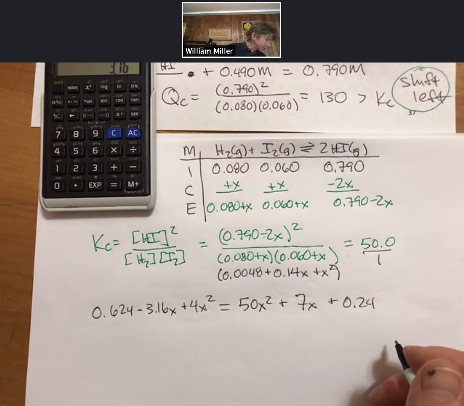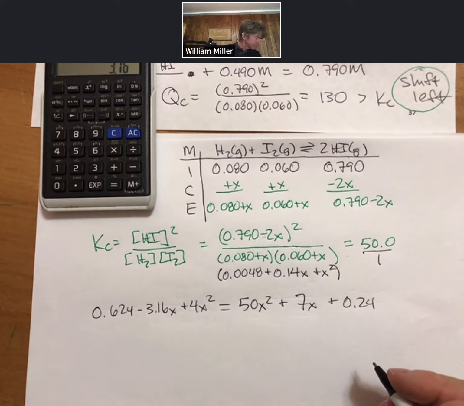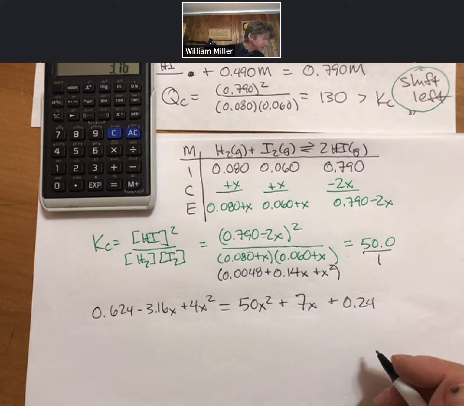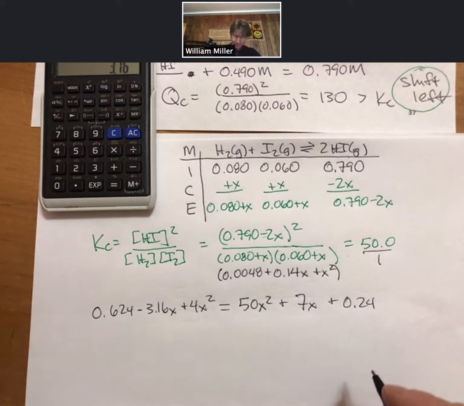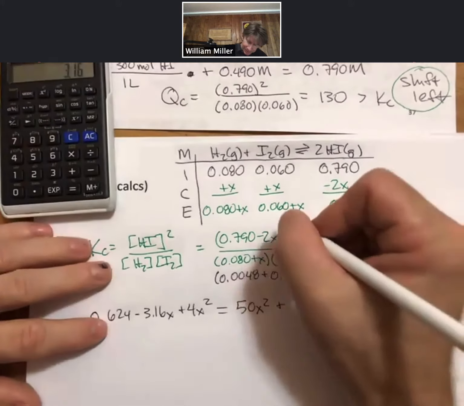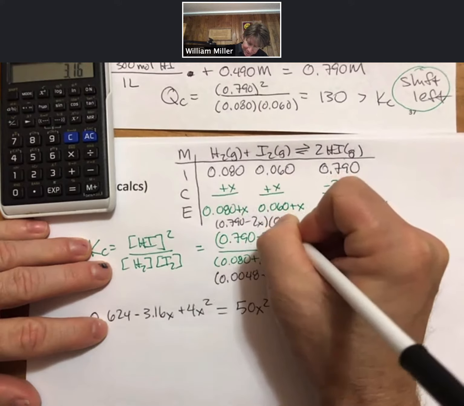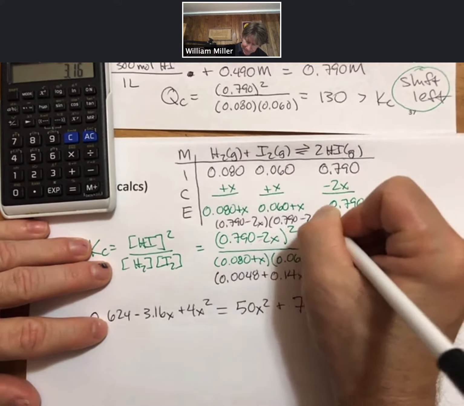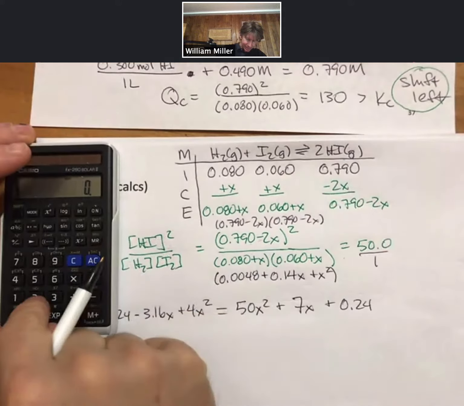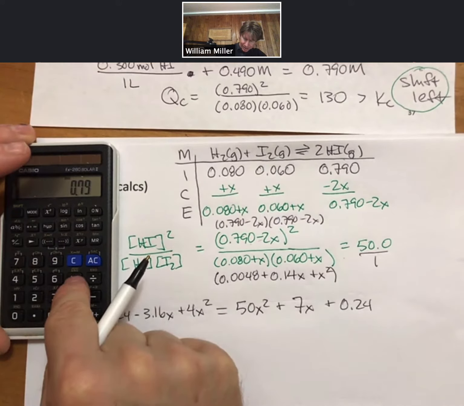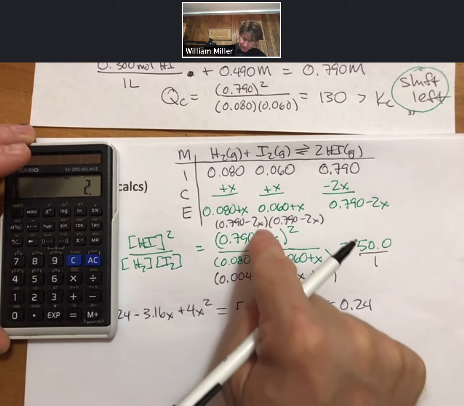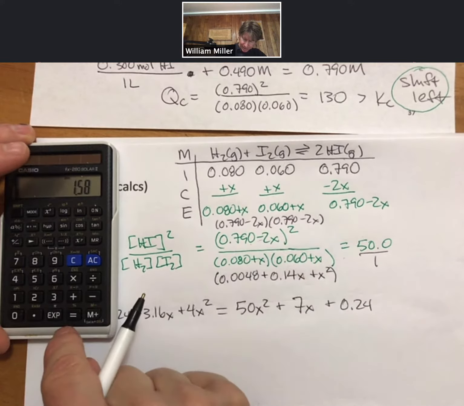Does that look like what I got so far? Well, let's check that again. So it's 0.790 minus 2x, 0.790 minus 2x. It's going to be 0.79 times 2. Yes, there we go.